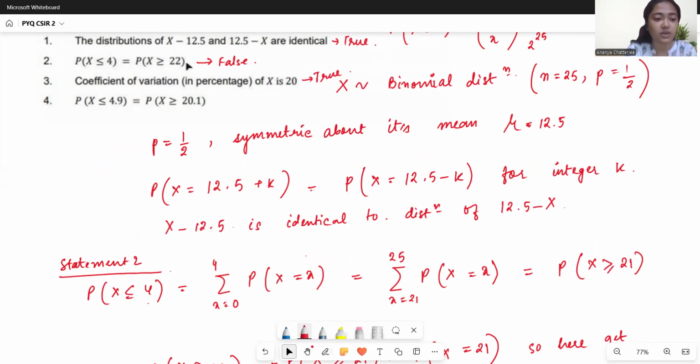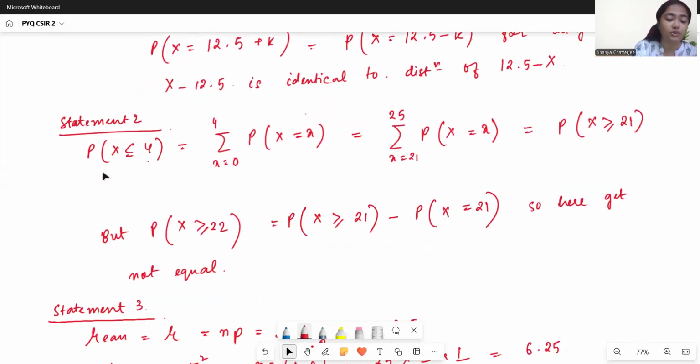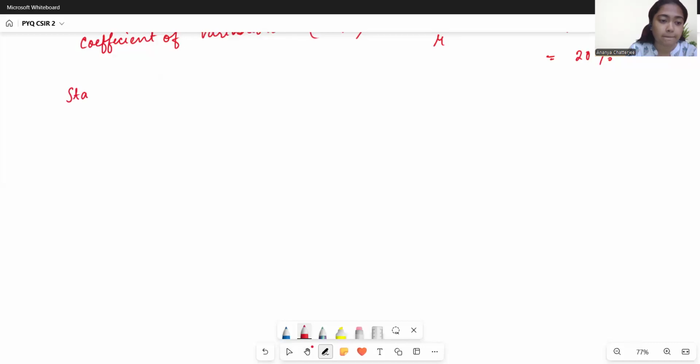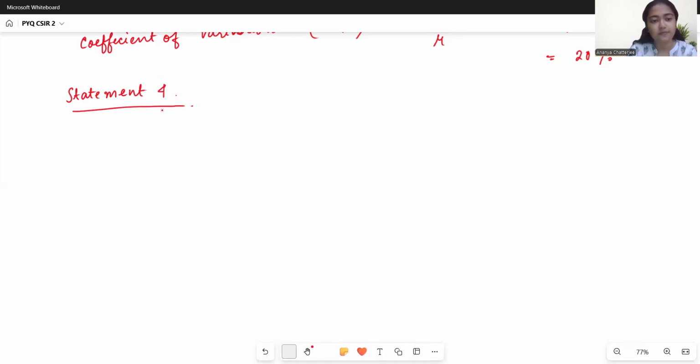Now moving to the last one, that is probability X less than or equal to 4.9 is equal to probability X greater than or equal to 20.1. Again, here we check the symmetry for statement 4. Now it is given X is integer valued.